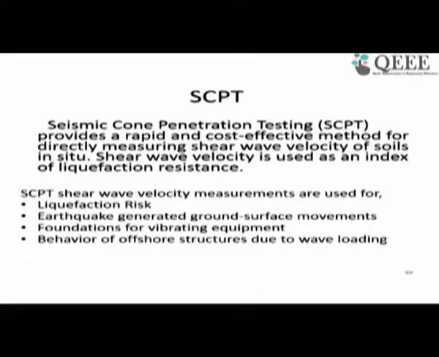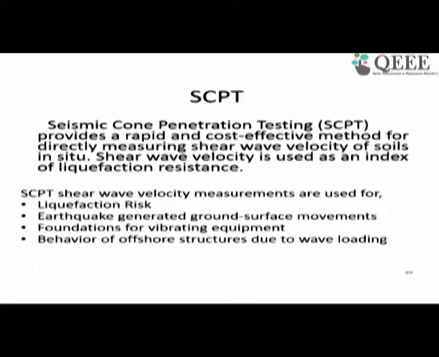Then CPT, where the cone is penetrated mechanically and the data is recorded electronically through sensors, and then if you add on pore pressure sensors, it will become CPTU. Even temperature sensors can be added, which will make the CPT much more versatile.